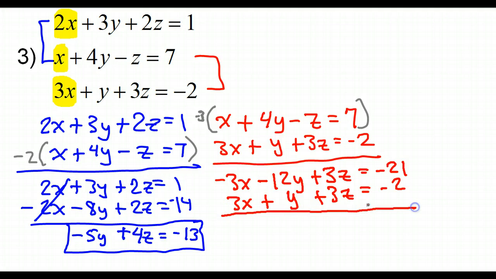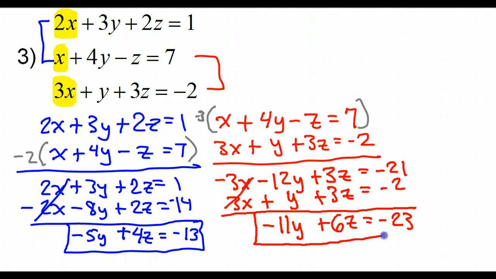So if I combine these like terms, the x's cancel out again, and this is going to leave me with negative 11y plus 6z is equal to negative 23. So this is my second box equation.